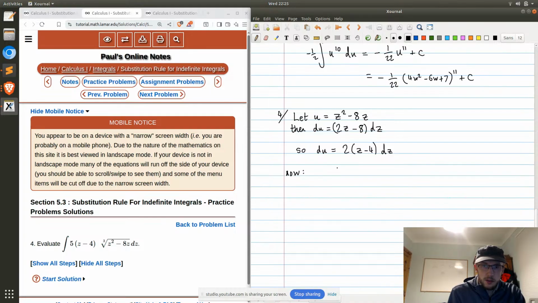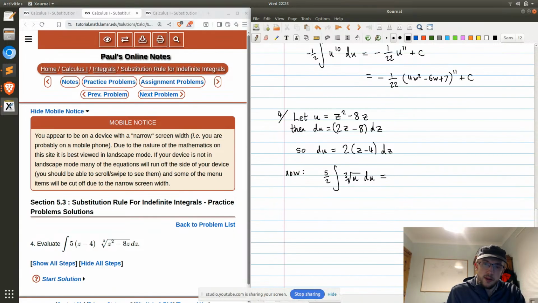So the original integral becomes 5/2 times the cube root of u du.